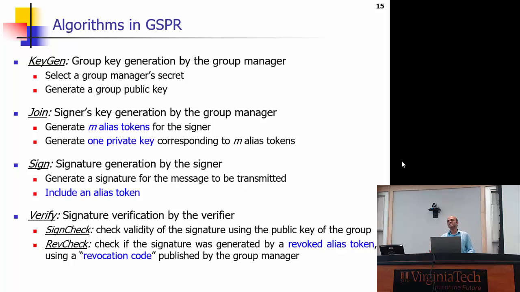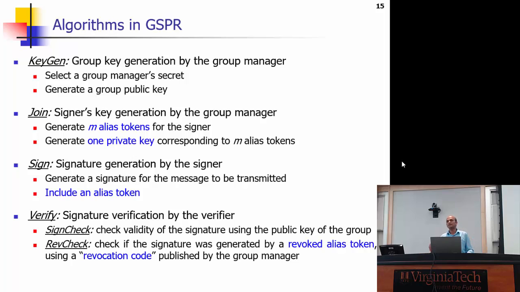Now there is a join, which means that the secondary users get their identities. Here we again assume that the group manager allots a large number of identities to each signer. But it gives only one private key. It is not like the pseudonym-based scheme where you have many identities and many keys.